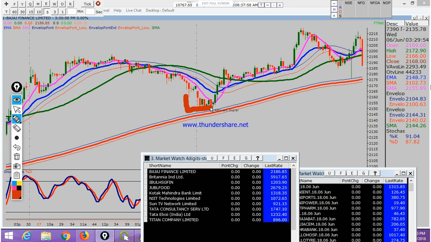The bears tried to take it lower, failed. Buy. Add, update stop, and here you take your money off the table. This is Friday.